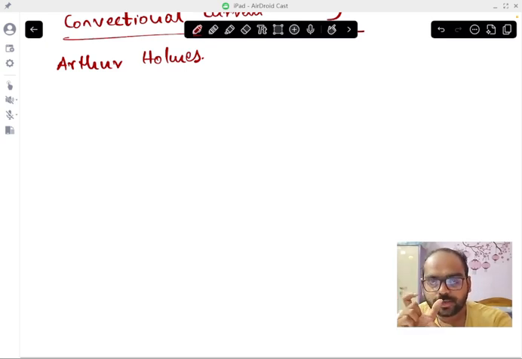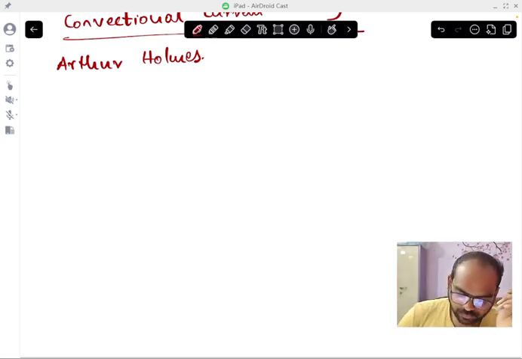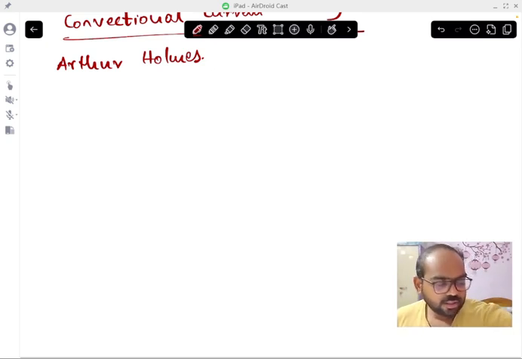Convection is the tendency of a heated material within a fluid to stabilize, or to cool down, by moving upward. This is called the convectional current theory.